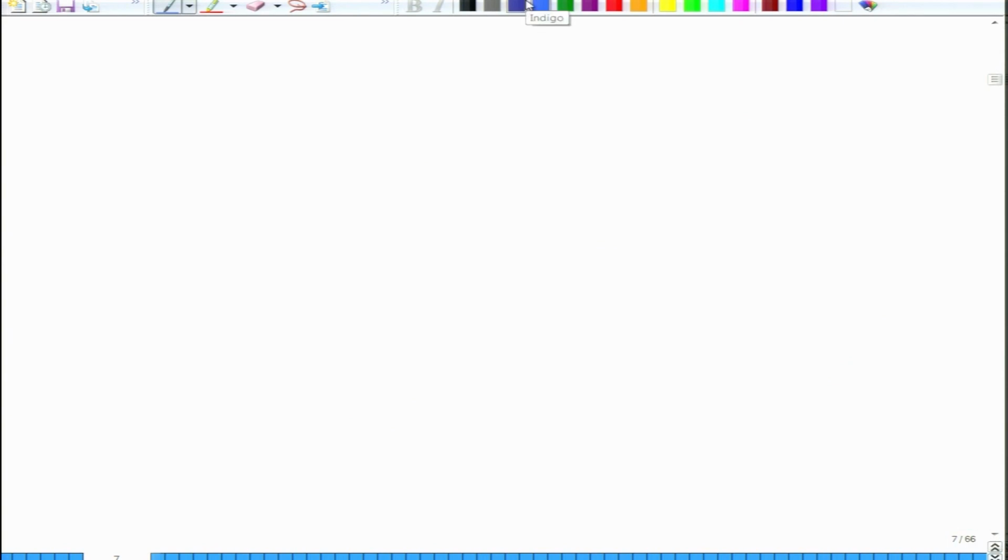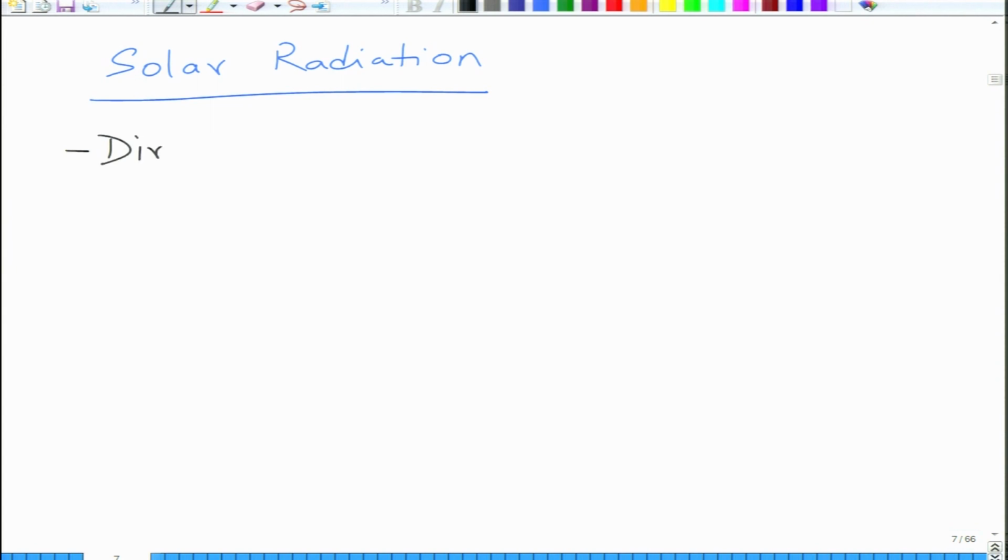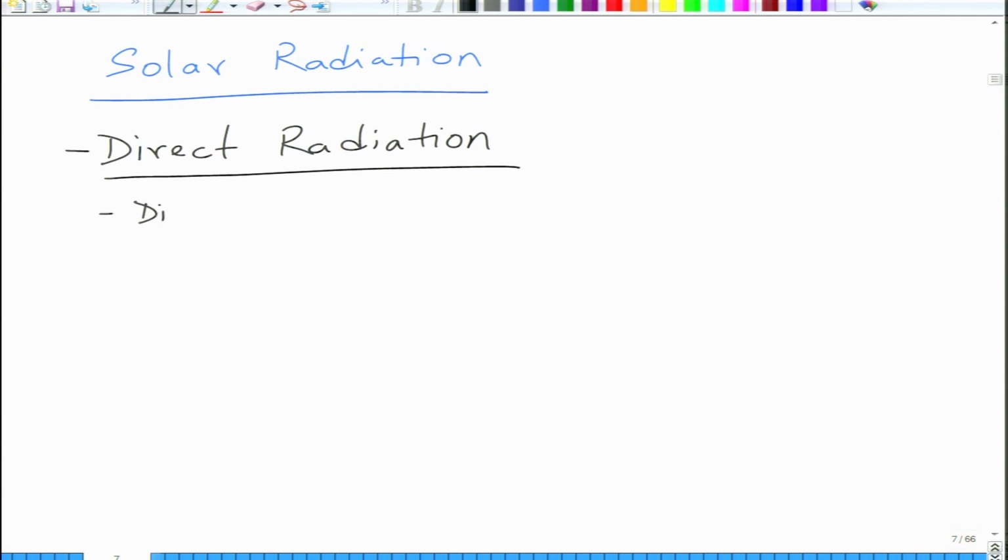Based on this absorption and so on, there are two components of solar radiation. The first component is called direct radiation. Direct radiation is the one which directly reaches the object surface, without change in line.